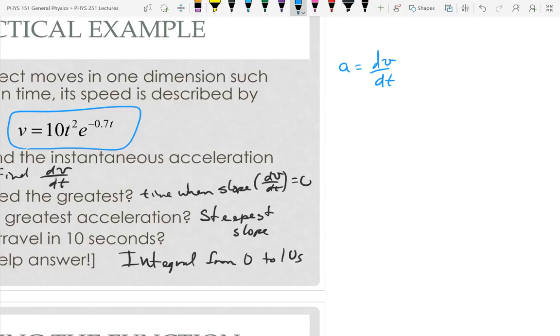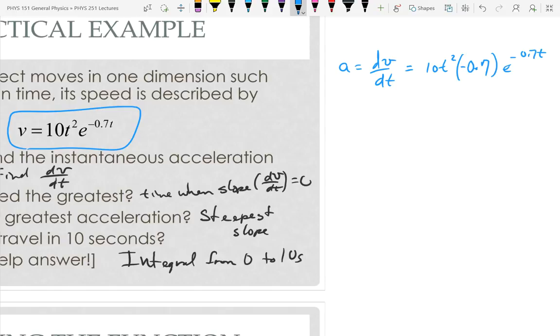So 10t squared is my first function. E to the minus 0.7t is my second function. The first one times the derivative of the second: derivative of an exponential, you bring down the derivative of the exponent. Derivative of minus 0.7t is just minus 0.7. And then the original exponential. I actually like to put zeros to make it clear.